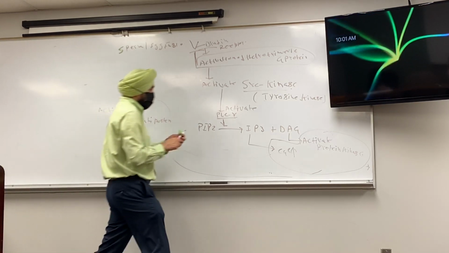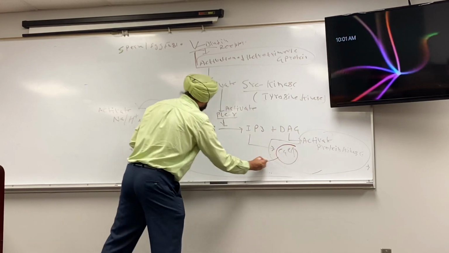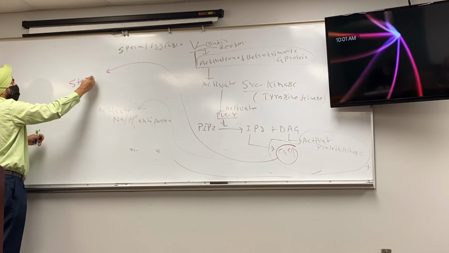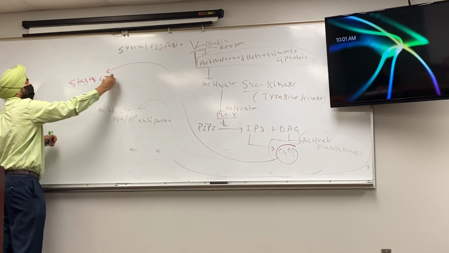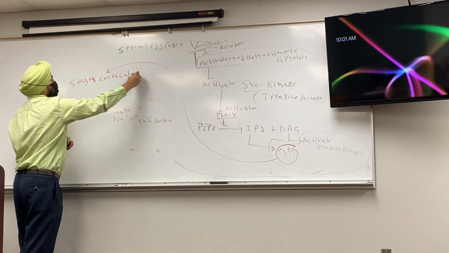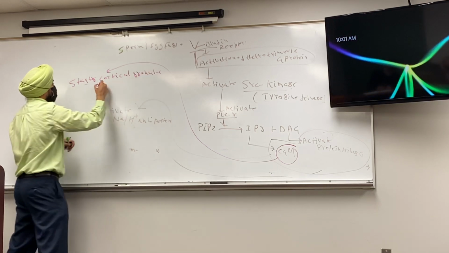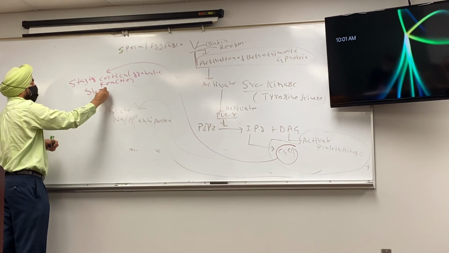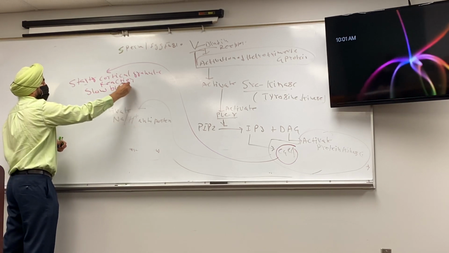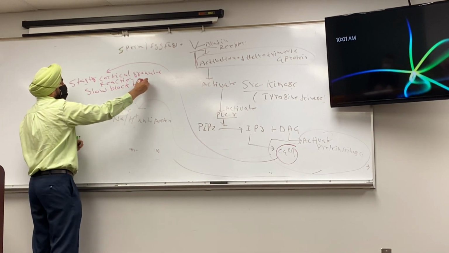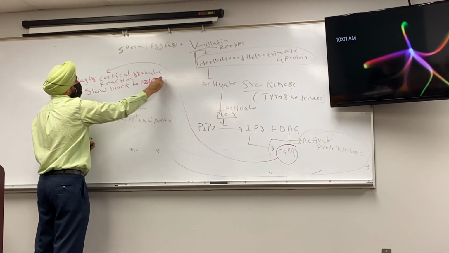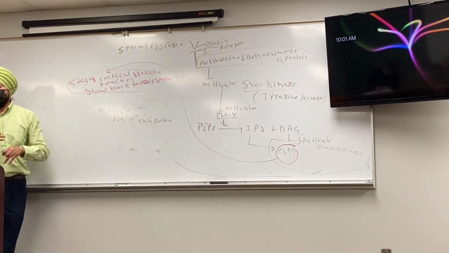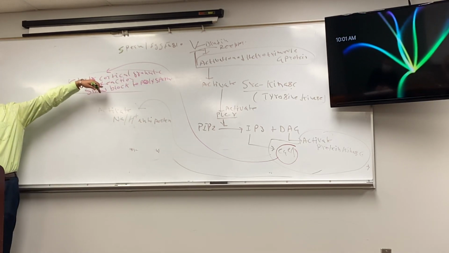But this increase in calcium does one more thing. It starts the cortical granule reaction. That is the slow block to polyspermy. So these are happening side by side, right? On one side you are blocking the entry of other sperm.